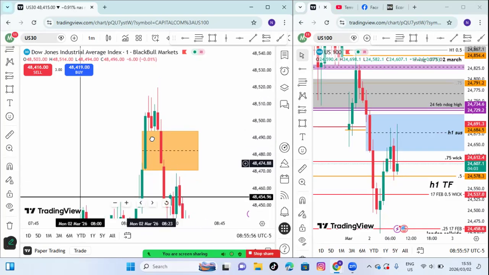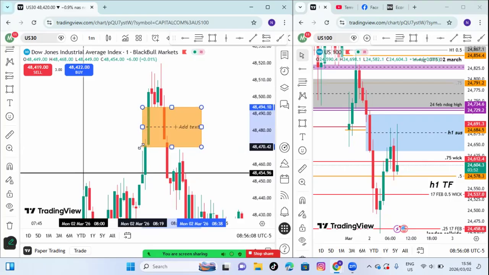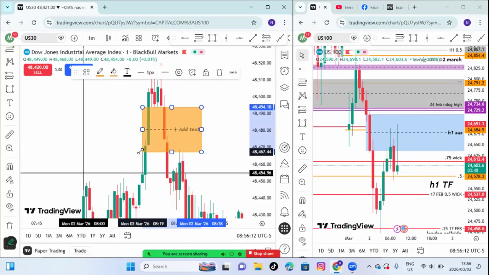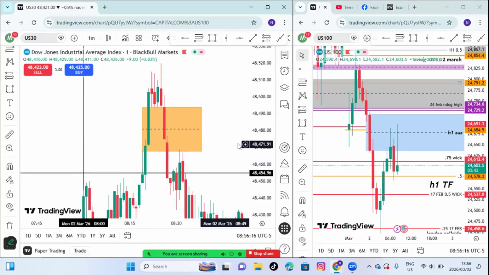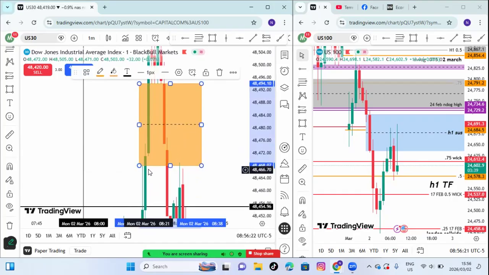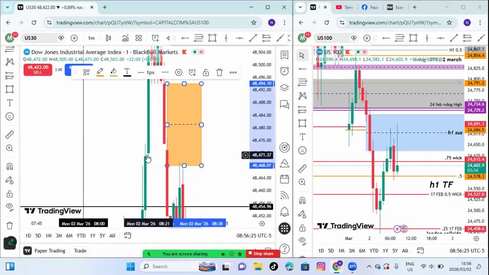Because you know that when it does this, basically the range is like this. The real range is this one here, and if you didn't put the real range like this, you miss it. So why is the range like this? If I move this to the side, you see here there's a volume imbalance.